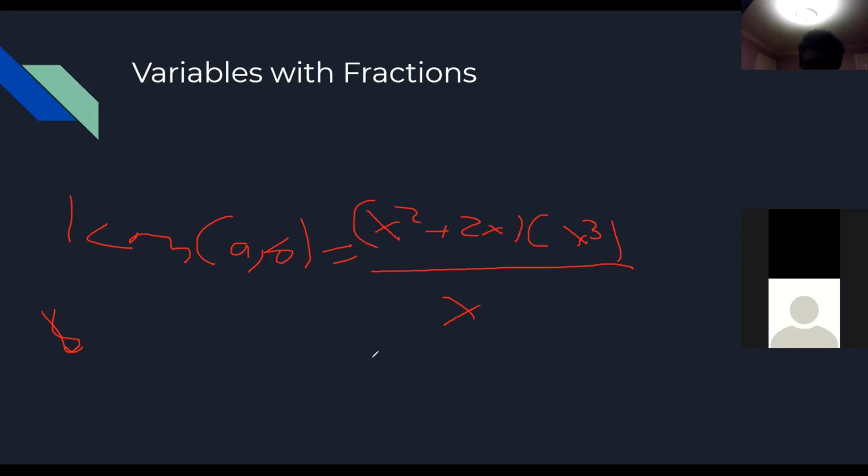So we would get x to the 4 plus 2x cubed as the lowest common multiple between those two expressions.